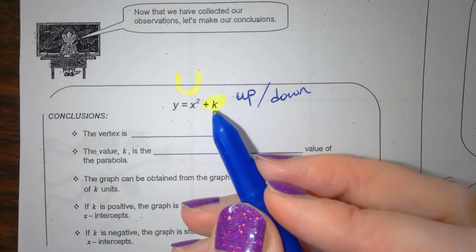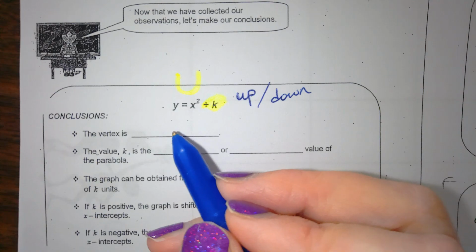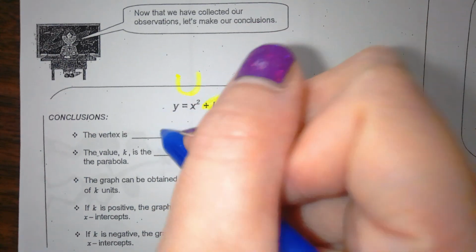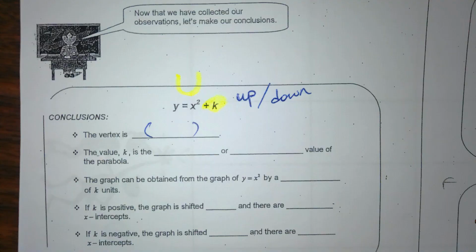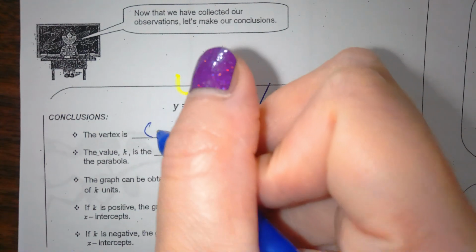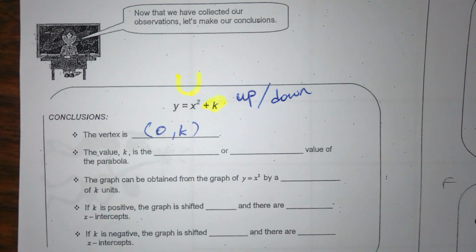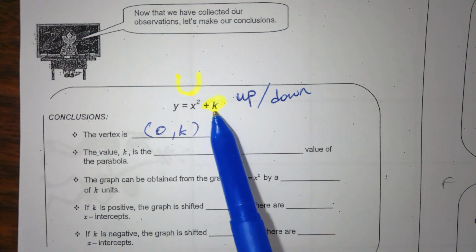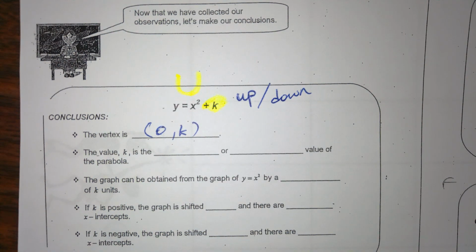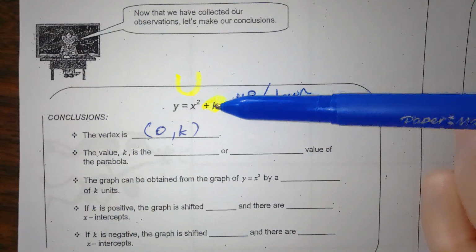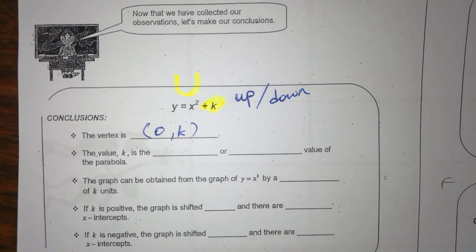If this was -2, then my vertex will be 0, -2. So if it's k, what is my vertex? 0, k. Right. So whatever you're going up or down by, that's going to be your vertex.